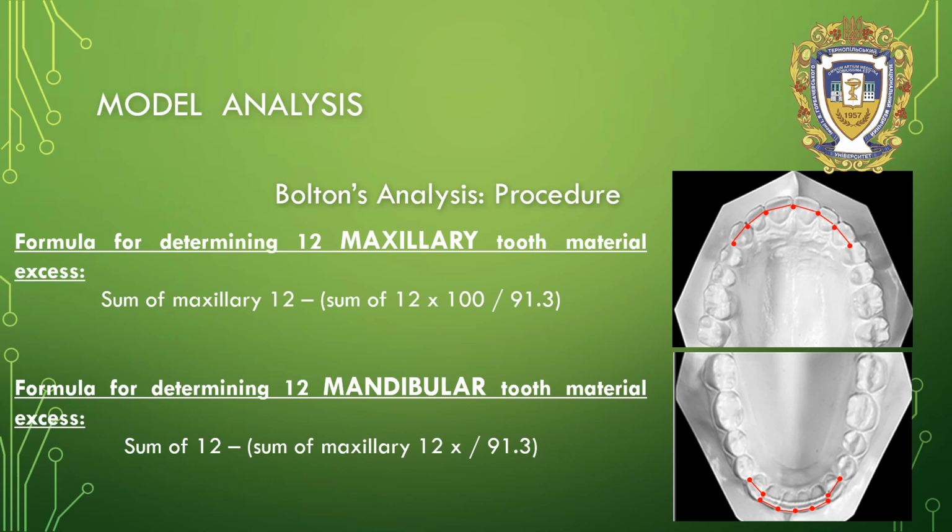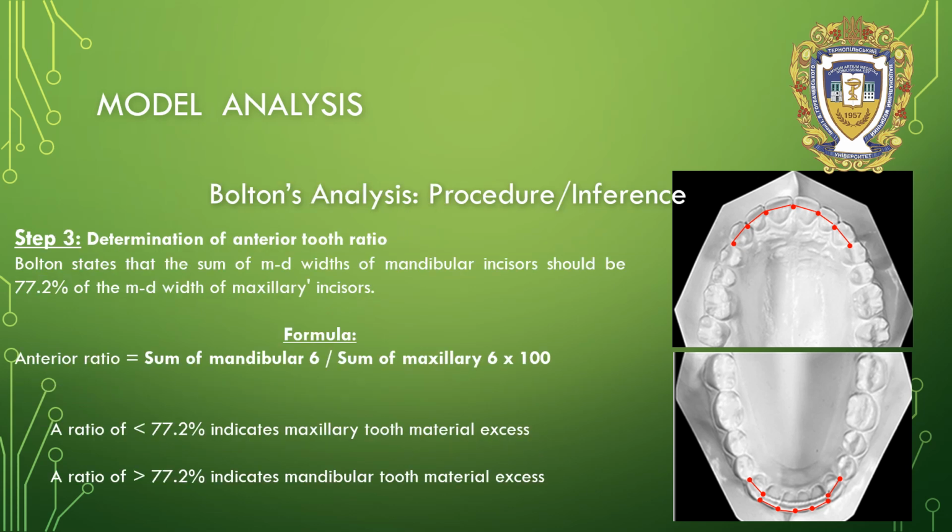There are shown formulas for determining 12 maxillary tooth material excess and mandibular tooth material excess. Formulas are similar for upper and lower dental rows. But we can use not 12 teeth, but we can use only 6 frontal teeth.